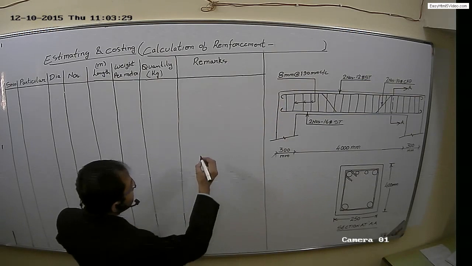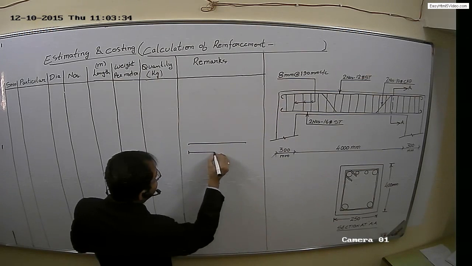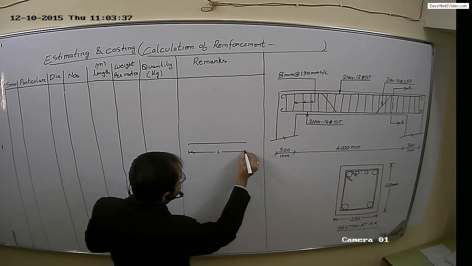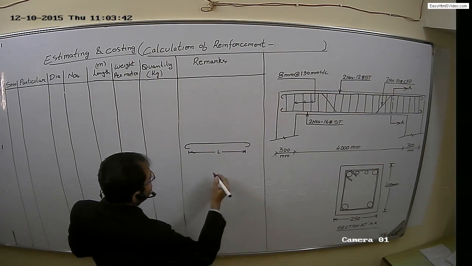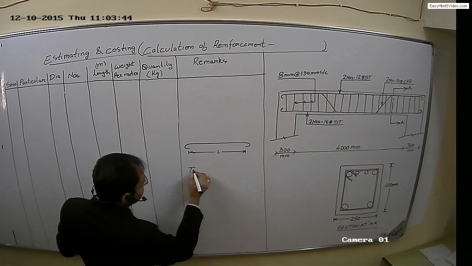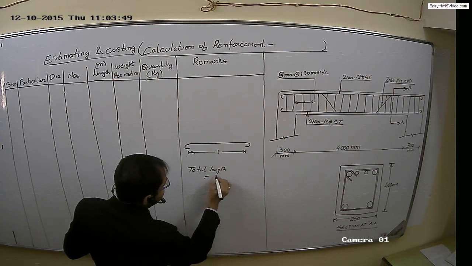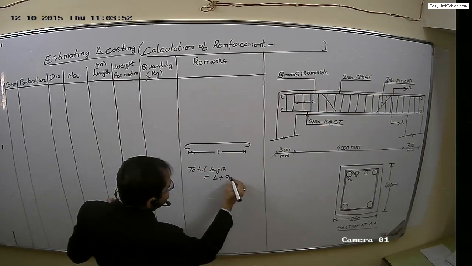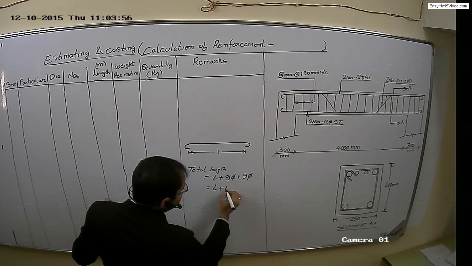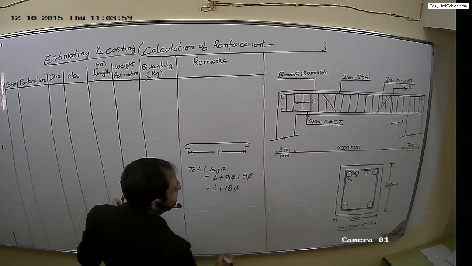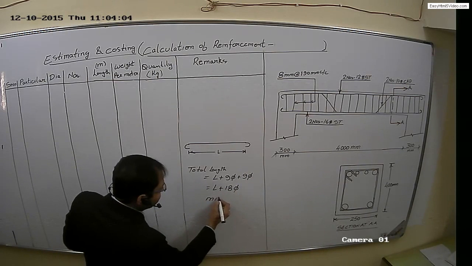So if there is a reinforcement of length L and there are two hooks, one hook here and one hook here, then total length will be L plus 9.5 plus 9.5, which is equal to L plus 18.5 d, right? This is only for mild steel.